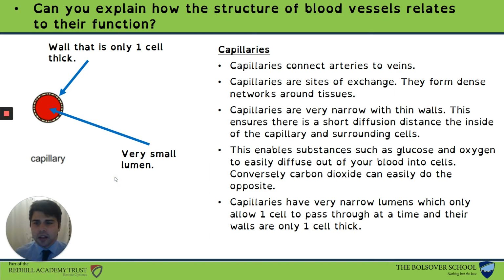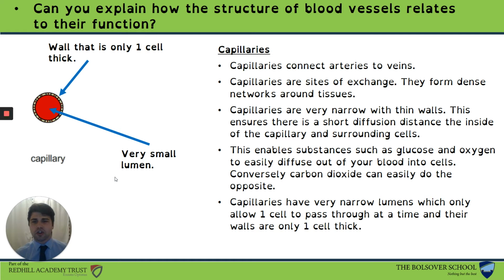Capillaries. So capillaries connect arteries with veins. Okay, we'll worry about veins in a second, but capillaries are your sites of exchange. So every time substances need to travel either from the blood to tissues or from tissues back into the blood, that is done through capillaries.